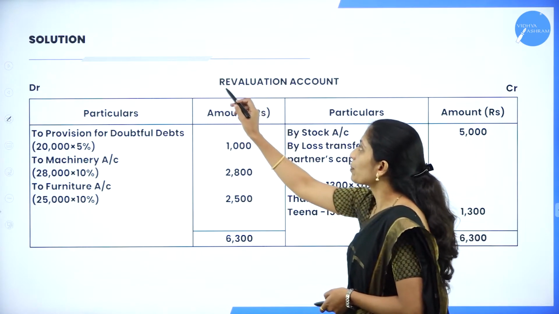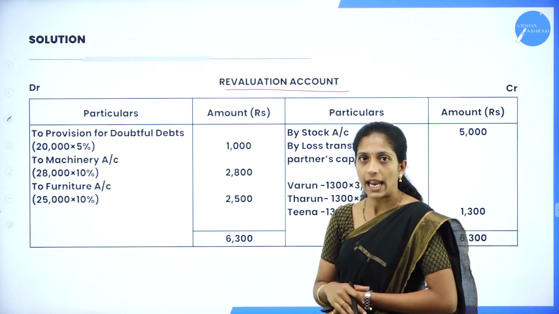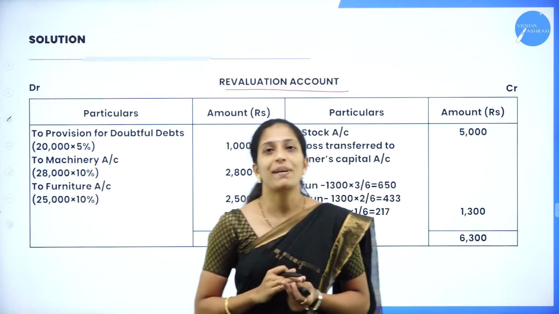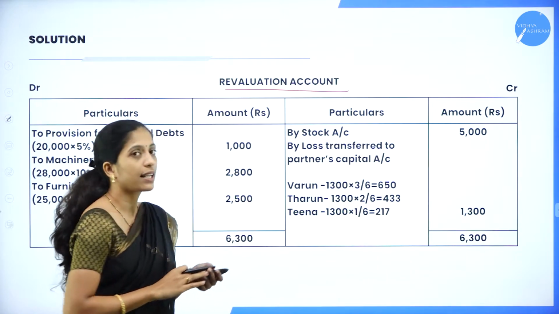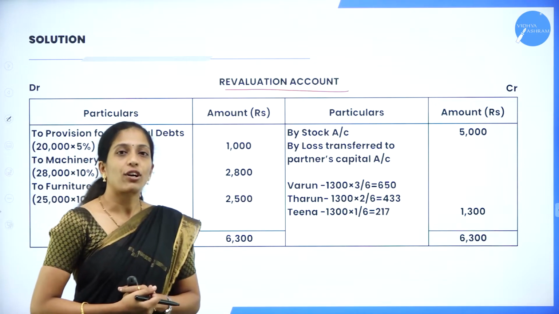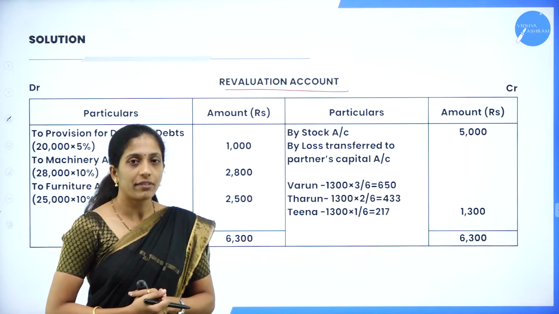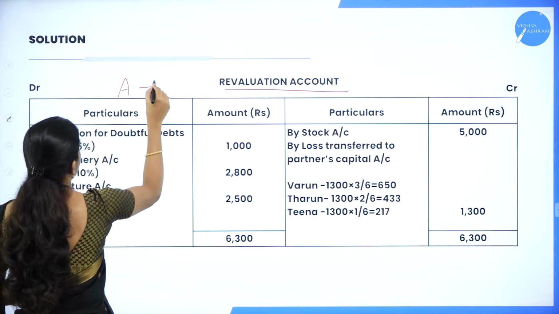So first we have to prepare the revaluation account. Write the heading revaluation account. You will have both a debit as well as a credit side. Under the debit side, particulars and amount; under the credit side also, particulars and amount. Now what are you going to record in the debit side? I had already given you: in the debit side you will record A minus, L plus.